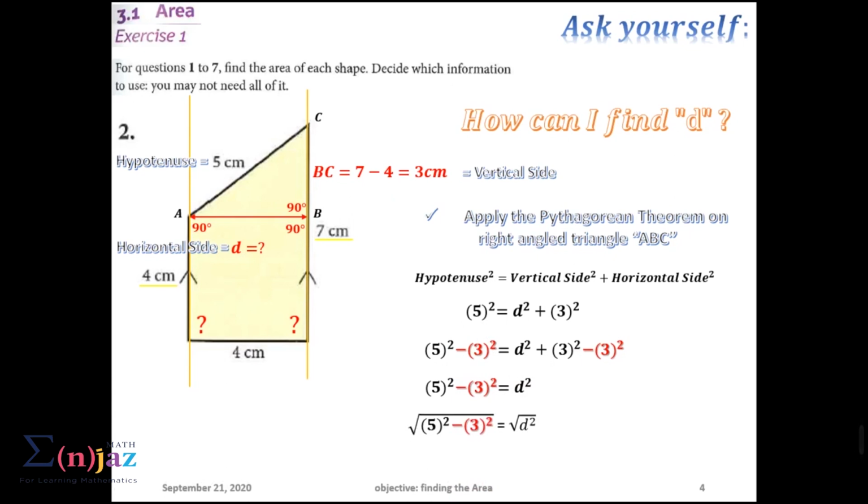Accordingly, D is equal to the square root of 5 to the power of 2 minus 3 to the power of 2. If we insert this in the calculator, we end up with D equal to 4 centimeters. Place whatever you find on your diagram.